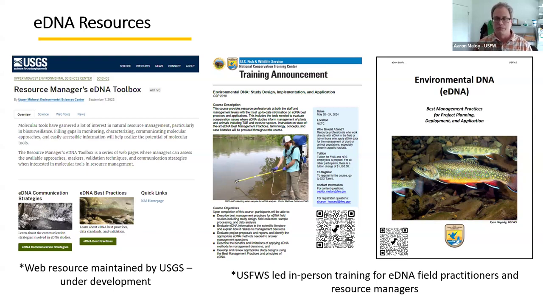So it does move around a bit. And there's also resources that go along with it. So we have an environmental eDNA best management practice guide. It covers a lot, like project planning, study design, communication, data interpretation, those kinds of aspects of it. That document's actually available online, and anybody can access it. We use it as a bit of a teaching resource for that course.